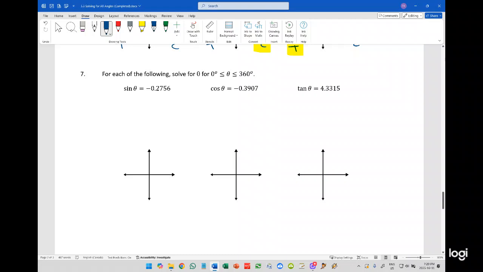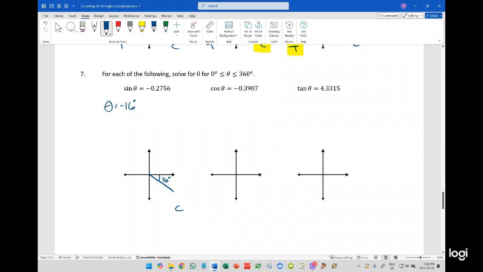So I'm going to put in, this is the first time I think we've ever done a negative ratio, negative 0.2756 inverse sine, and I get out negative 16 degrees. So that basically means I have this angle right here.